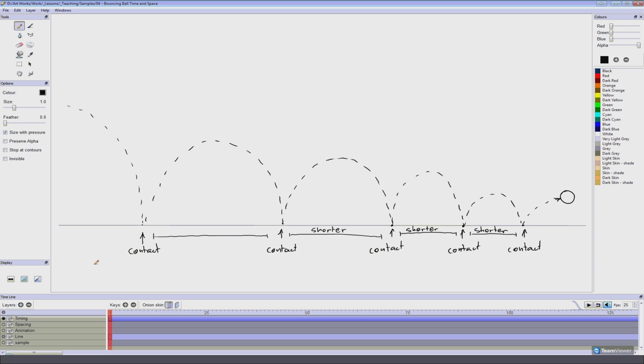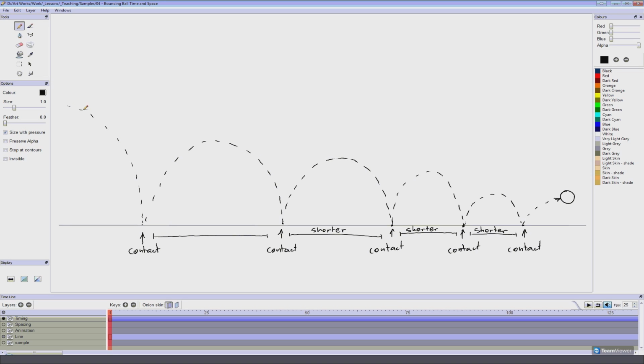Okay, timing is the rhythm of where things happen, when they happen, or faster or slower, when things ascend or slow down. The distance between each contact.